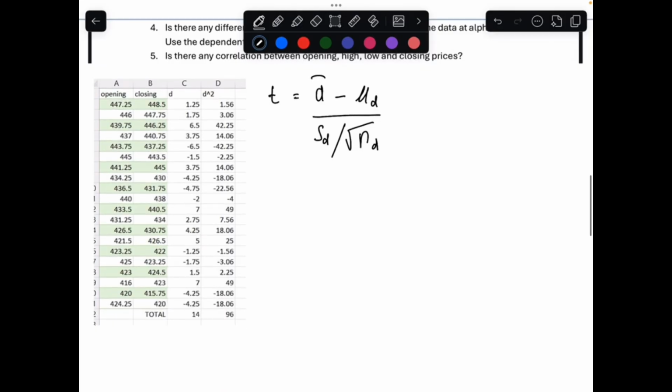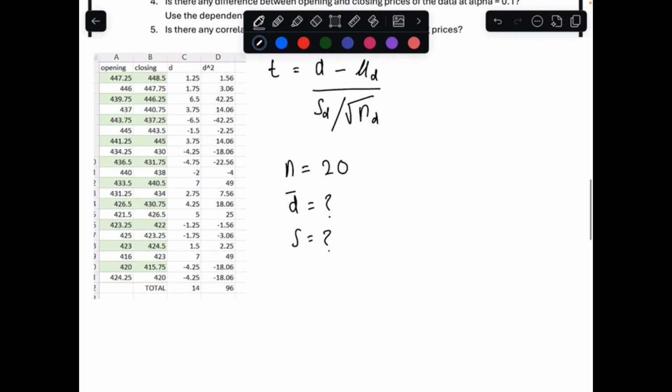First, we will answer the question about the difference. So we have n equal to 20. We don't know D bar, and we don't know the standard deviation, and mu is 0 because it is a difference.